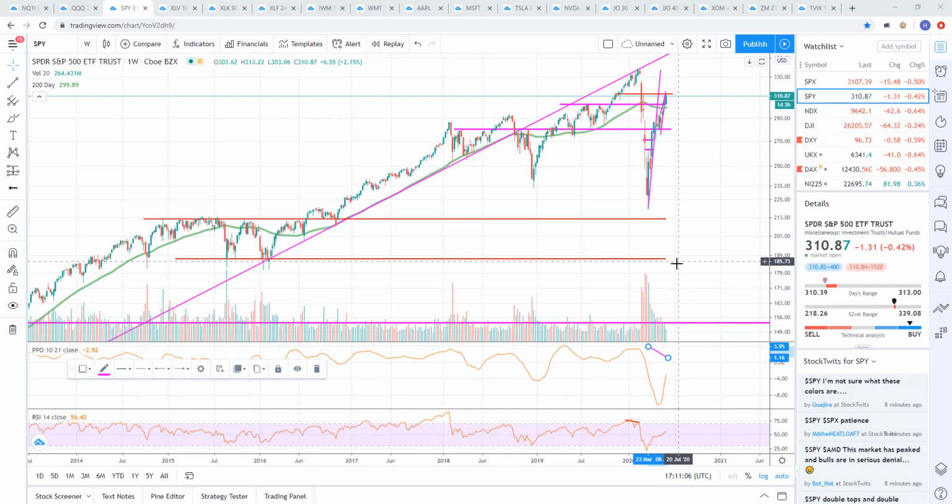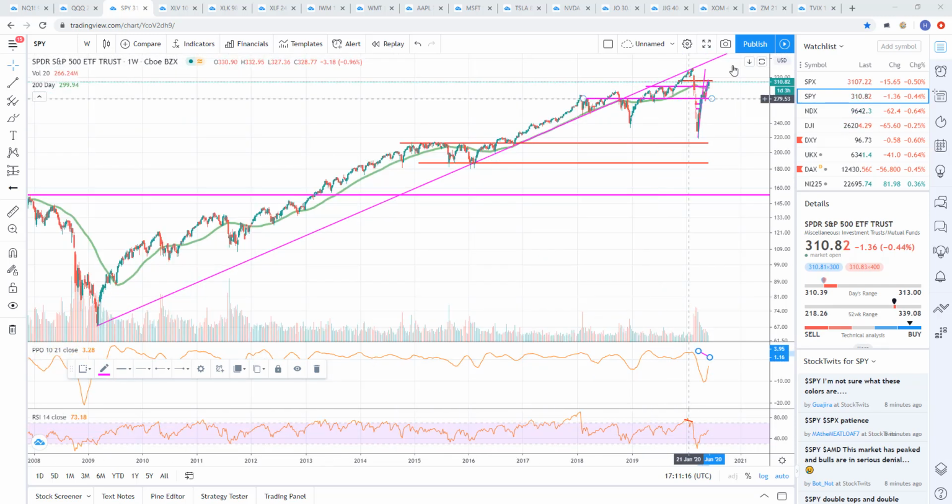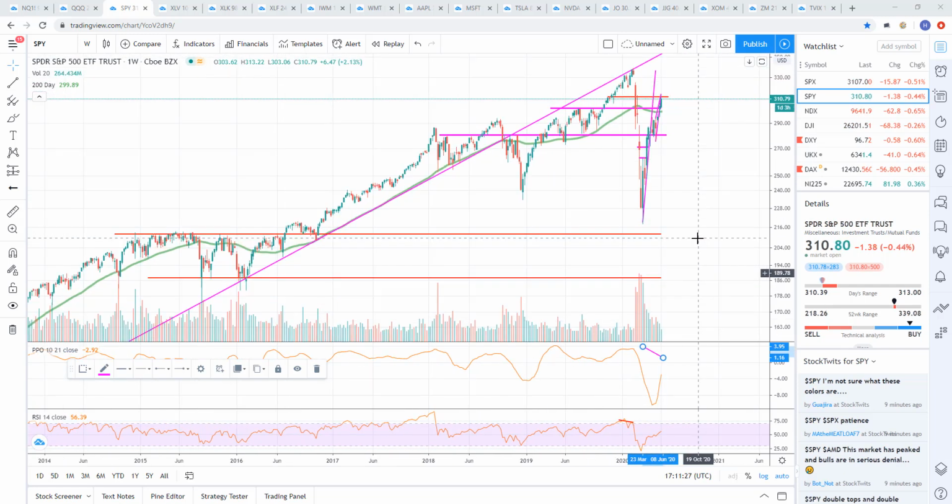I think we're heading lower again, but I will be proven wrong on my larger time frame call if and when we recover this bull market trend line right here. So if we pop all the way up here and recover that, move higher and bounce against it, hold support and continue to grind higher, then I will be proven wrong.